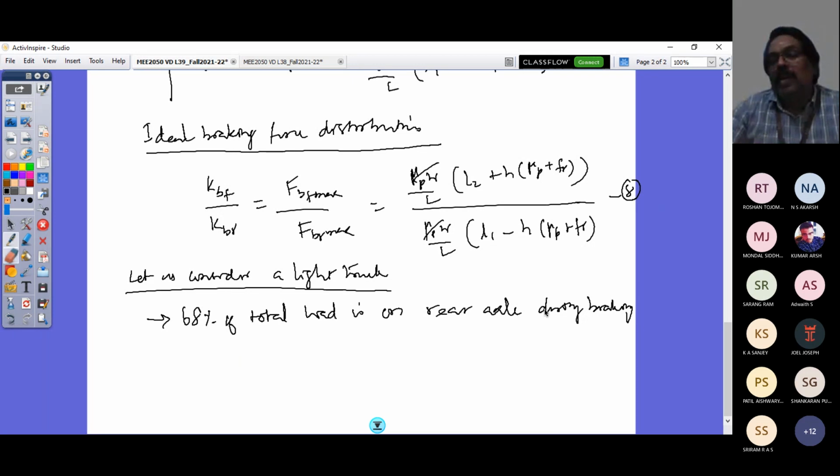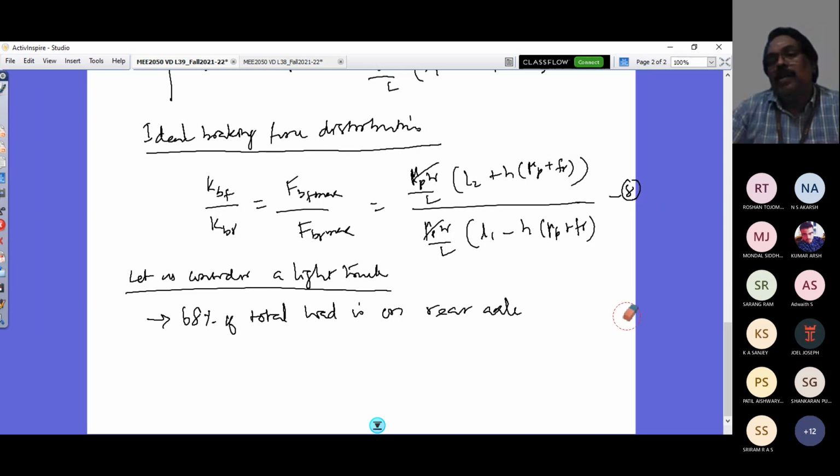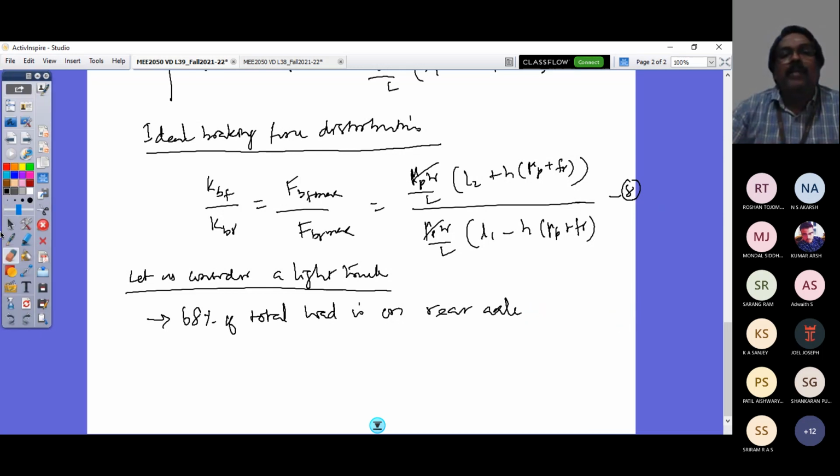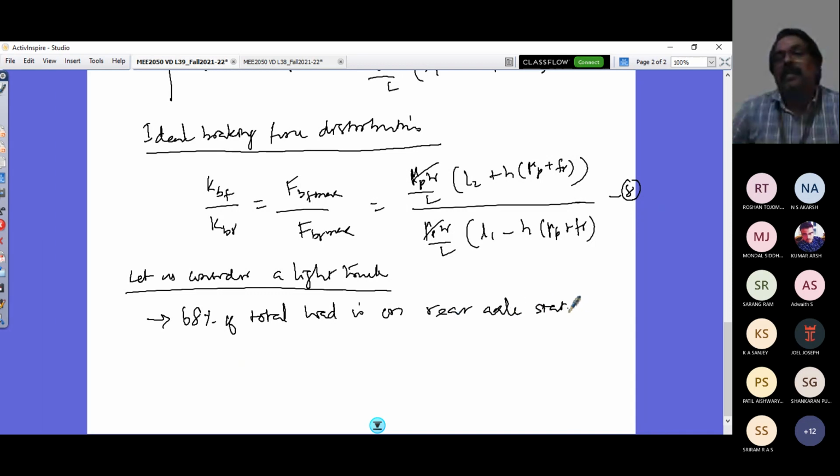When the vehicle goes on a straight road at constant speed, 68% of the load is on the rear axle. Static load does not mean the vehicle is stationary. The vehicle can go in straight line motion with constant speed, Newton's first law, it would continue with the same speed. Then it is again a static condition, and at that time the load is 68% of the total load on the rear axle.